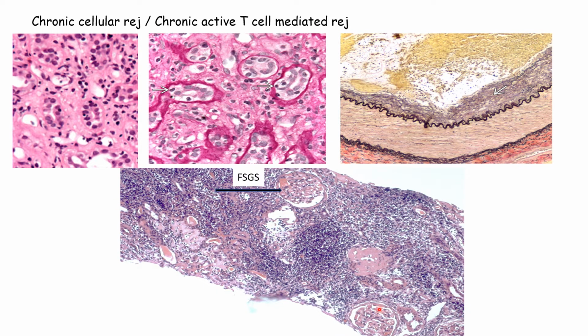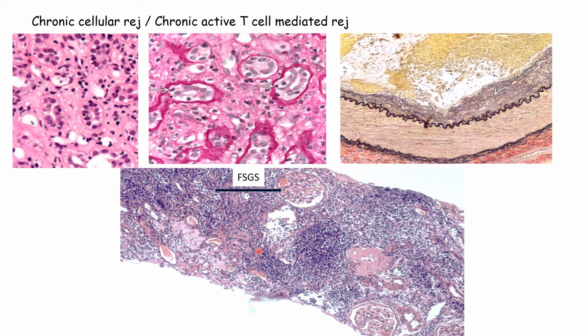Moving on to the chronic changes, when the biopsy has significant lymphocytic infiltrate in some regions and in other areas shows you interstitial fibrosis with small tubules of tubular atrophy, then this is labeled as an active component with a chronic component, suggesting a diagnosis of chronic active T-cell mediated rejection.